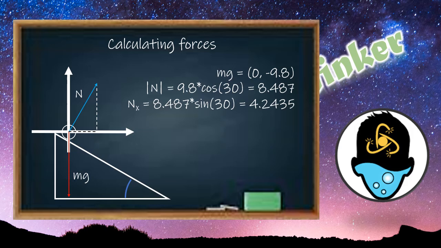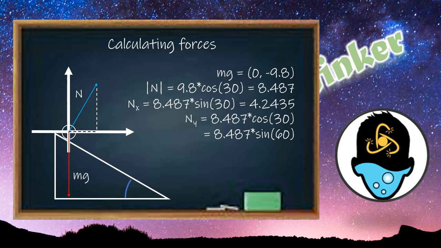First method. If the sine of that angle gave us this leg, the cosine would give the other leg. The cosine of 30 degrees is half root 3, which is 0.866. And when multiplied by 8.487, we get 7.35. Second method, if this angle is 30 degrees, then the other angle is 60 degrees.